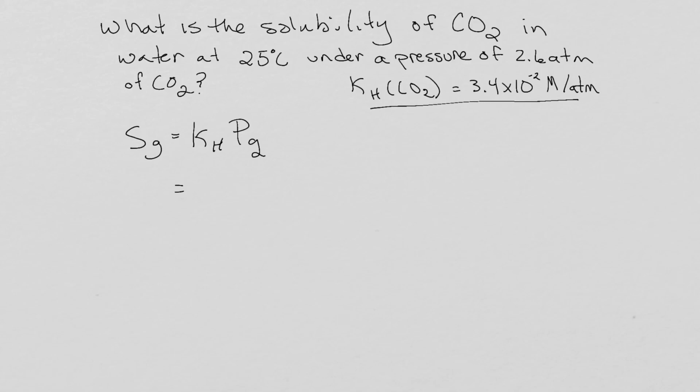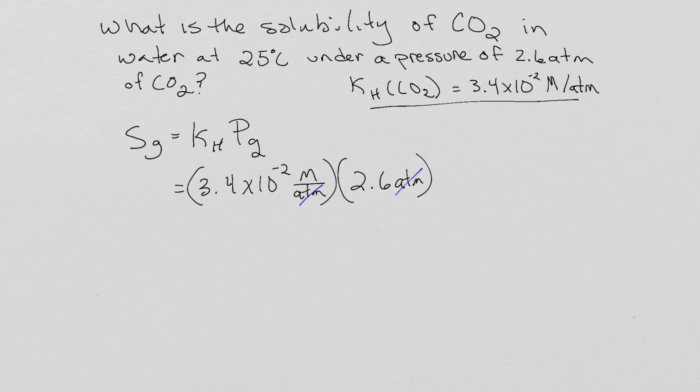So for this example, our Henry's law constant is 3.4 times 10 to the minus 2 molarity per atmosphere. Our pressure, given in the problem, is 2.6 atmospheres of carbon dioxide.